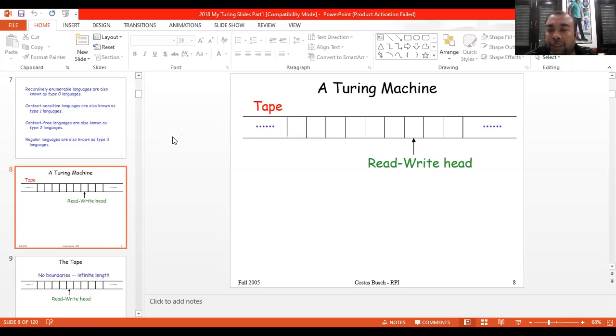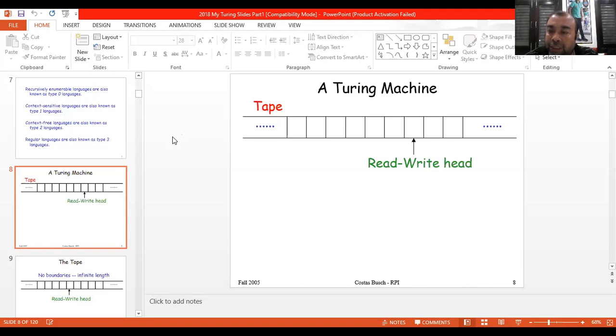Till now this tape was only for reading purpose, but now this tape can be used for both reading as well as writing. And the head, which was earlier called a read head, will now be called a read write head.